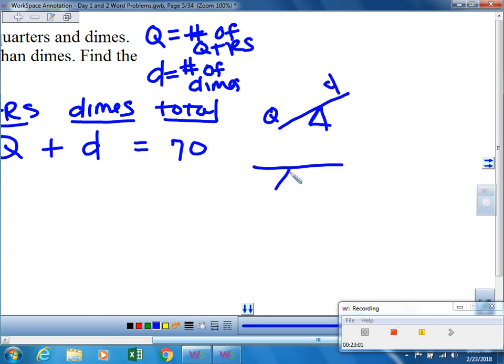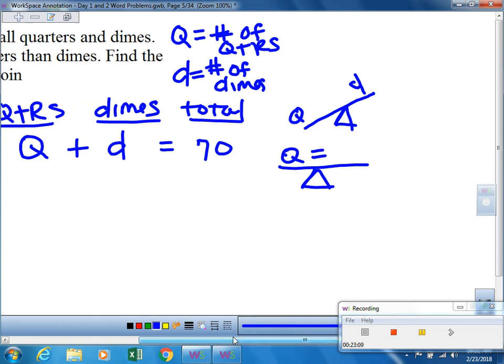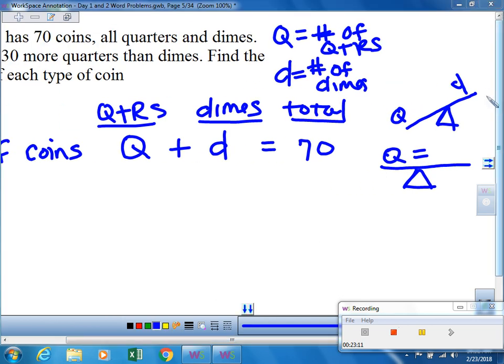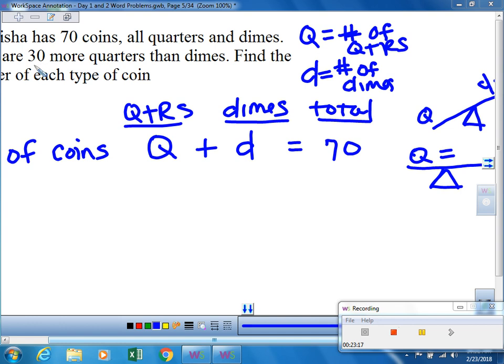But I want them to be equal. So, how do I get my dimes to come down to equal my quarters? What am I going to put? 30 more means plus 30. So, D plus 30.